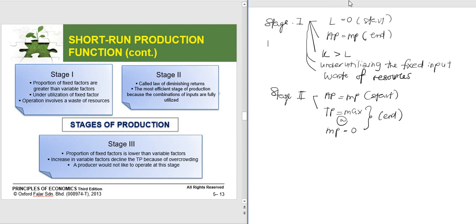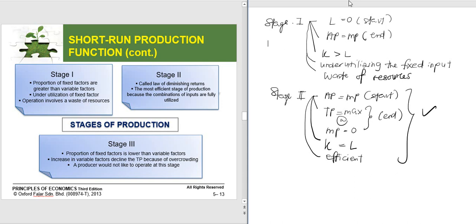This is where the amount of capital ataupun fixed input is equivalent to the number of labor. So it is considered just nice for the production. The amount of capital is just enough for the number of labor. So this is an efficient production. There is no underutilization or overcrowding. Just nice lah. So usually producers will choose to produce at stage 2.